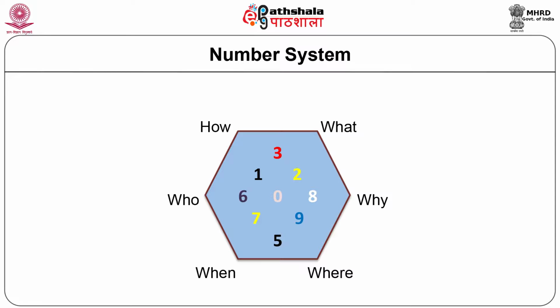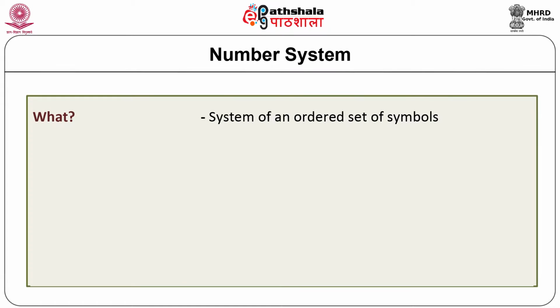In this section, we will try to get the answers of these questions. Let us begin with the basics of number system. Numbers are another form of language shared by mankind. It links people from all walks of life.